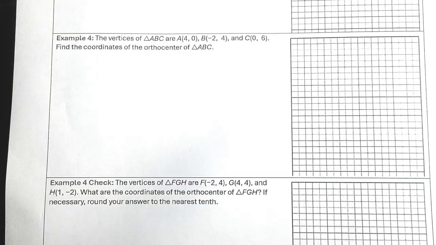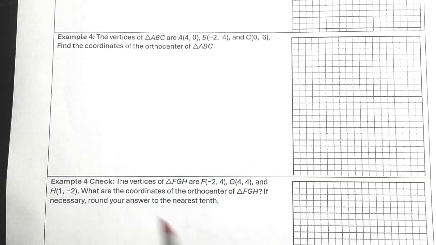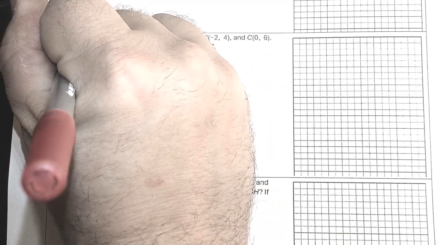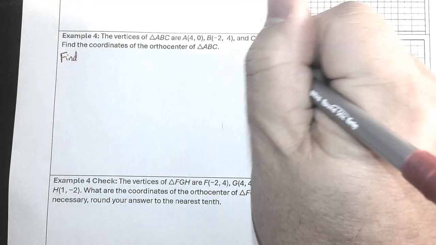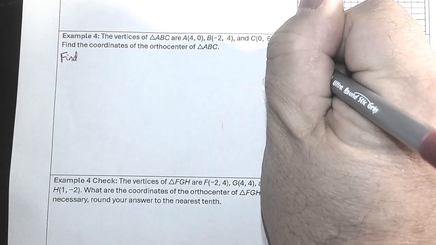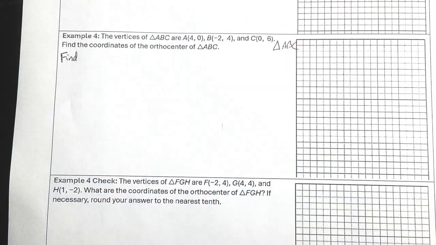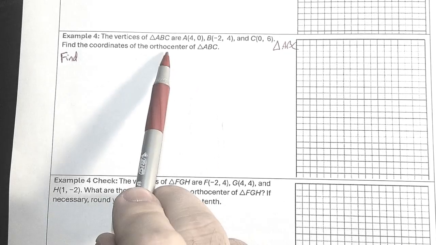So the way you find the orthocenter, I'm going to write this here, and then we'll start doing it. So first you're going to find the slope. So in this case, you have triangle ABC. We don't have to find all 3. We just have to find 2 of these. So we're going to find the slope for AB.